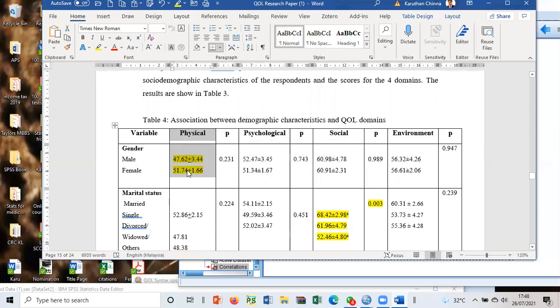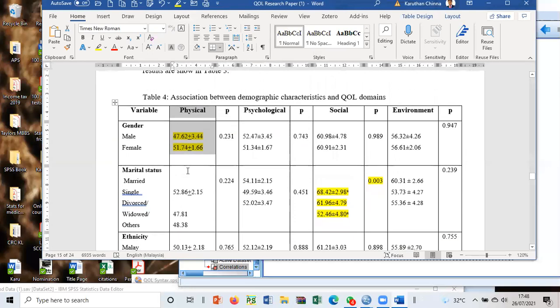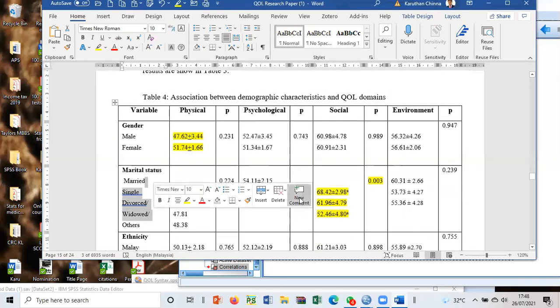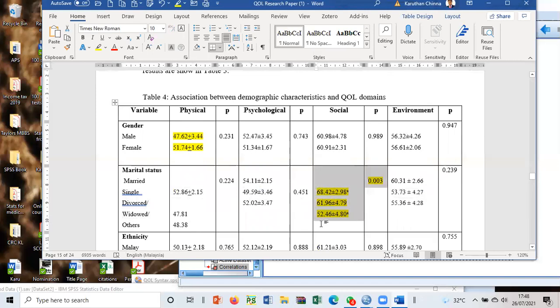And why? Sometimes, let's say marital status, all previous studies said no difference. Our study said there's a difference, right? And which group differs? Why is it possibly so? Now we have seen some of the domains differ between single and married.